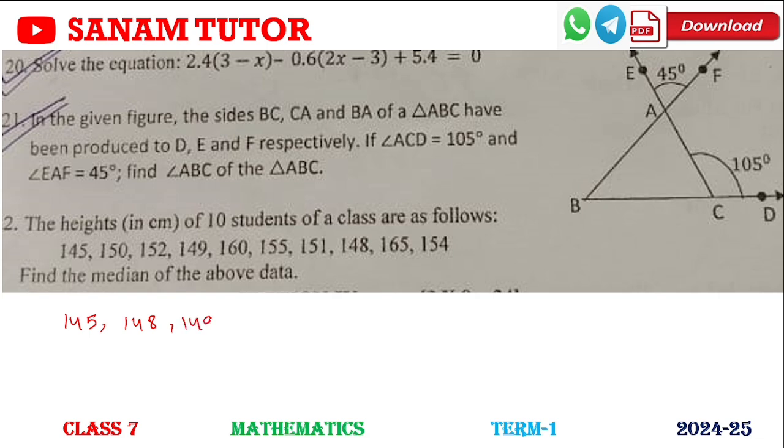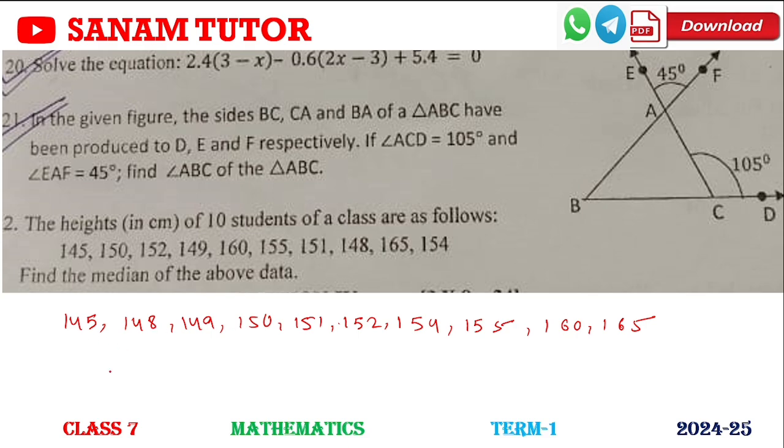Then 149. Then fourth is 150. Then 151. Then 152. 154. 155. 165. 1 2 3 4 5 6 7 8 9 10.